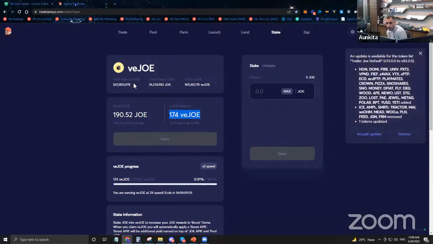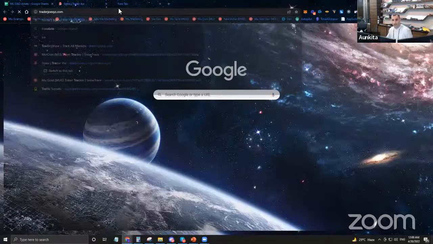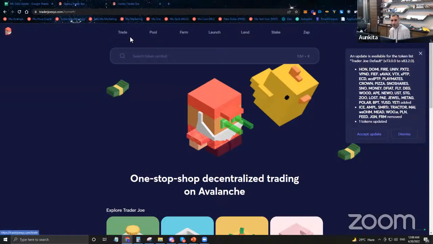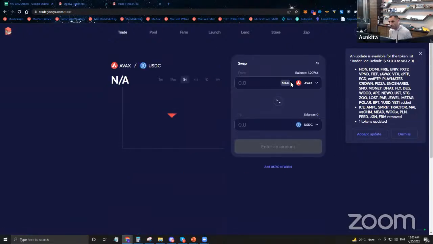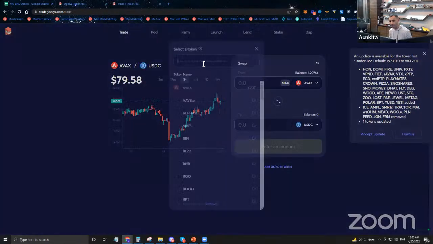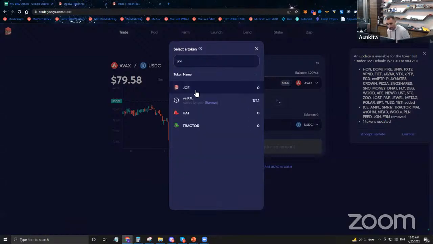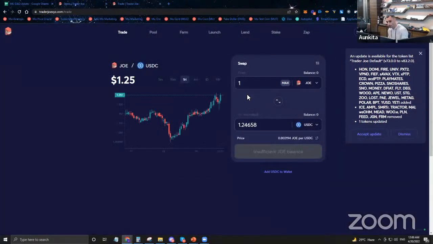And what we're doing here is we're staking Joe. So Joe is a token that we can essentially sell in the market, and it's the farming token for actual Trader Joe's. And we can sell this on the market and get money for it if we would like.